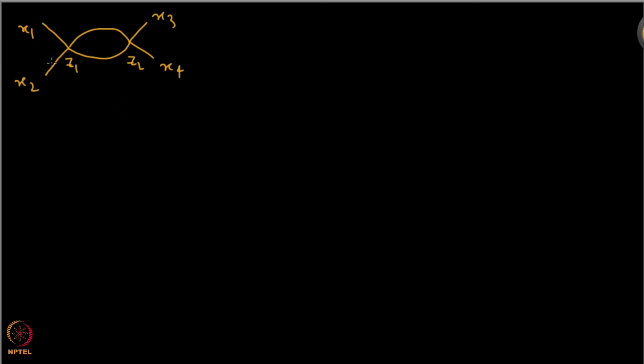First, I should write down all the propagators. Okay. So, you have 1, 2, 3, 4, 5, 6 propagators. So, let us write. I have df x1 minus z1, this one. Then you have df of x2 minus z1. Then you have df of x3 minus z2.